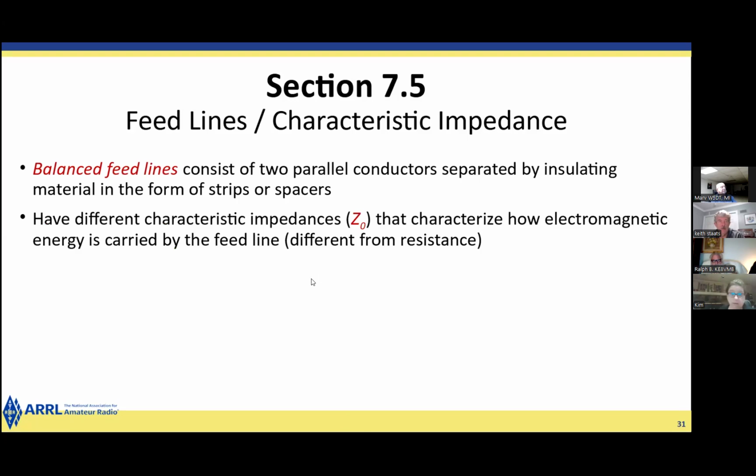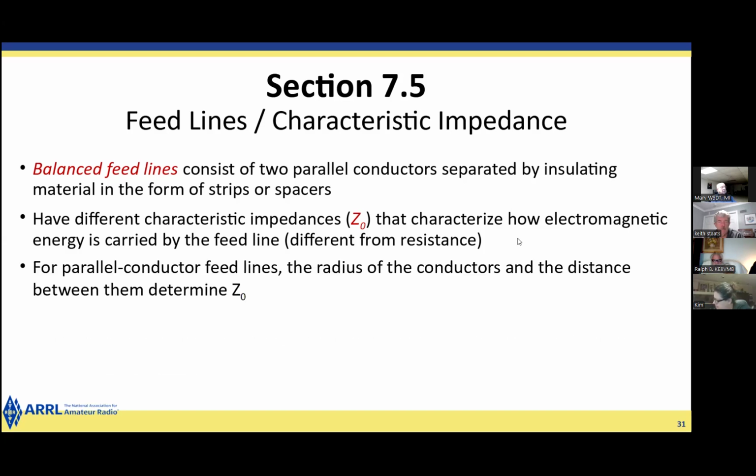They have different characteristic impedances that characterize how electromagnetic energy is carried by the feed line, and that's different from resistance. For parallel conductor feed lines, the radius of the conductors and the distance between them determine Z, the characteristic impedance.